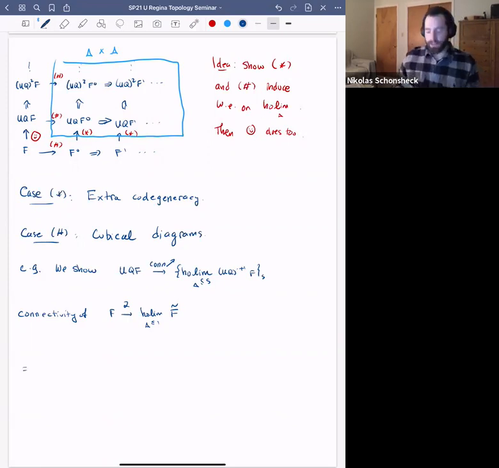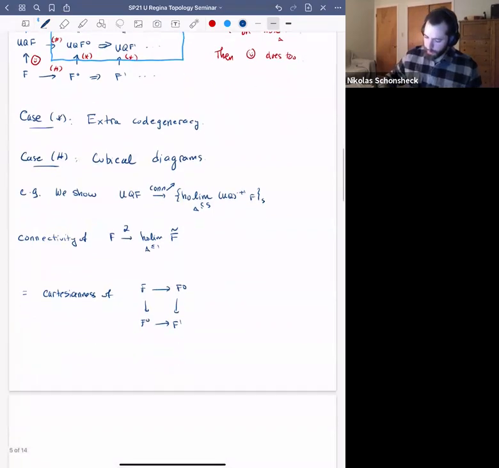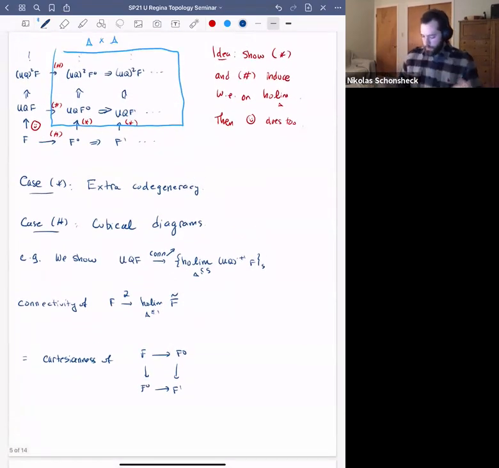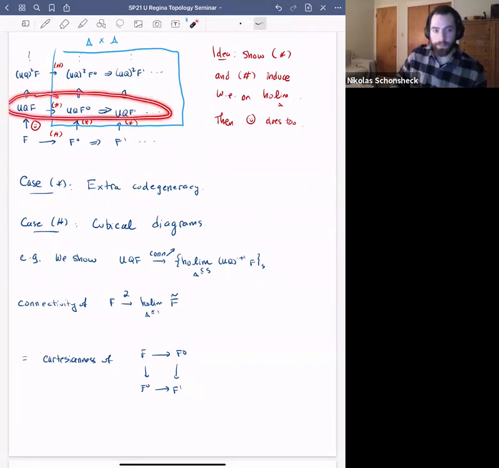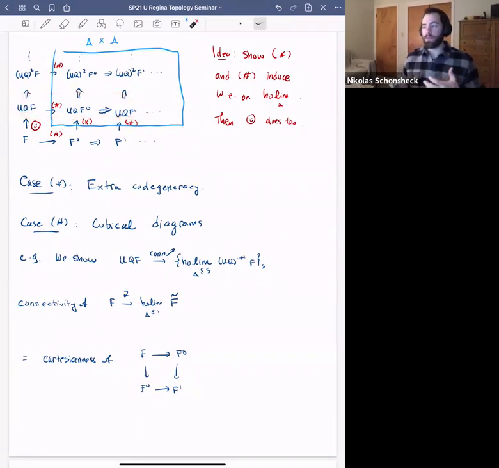But the connectivity of that map is exactly the Cartesianness of the square that we get by looking at just the 0 and 1 place in those cosimplicial diagrams. So we have a Cartesian estimate on this thing, and what we want to get is a Cartesian estimate on the second row. The issue is that we're applying Q to something, and Q as a left adjoint doesn't play well with Cartesianness.